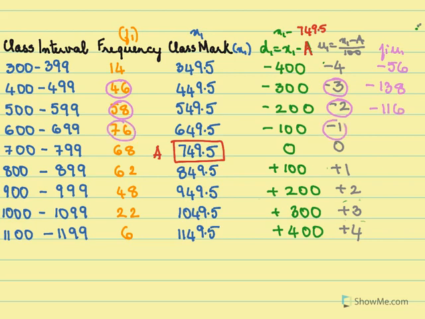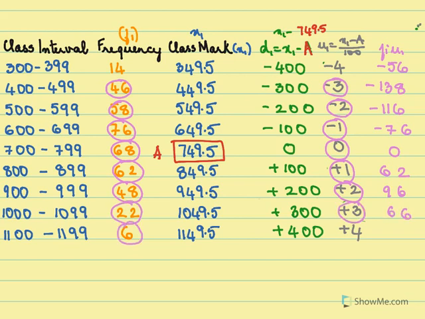Fi 76 into UI minus 1 is minus 76. 68 into UI 0 is 0. Fi 62 into UI plus 1 is 62. Fi 48 into UI plus 2 is 96. Fi 22 into UI 3 is 66. 6 into 4 is 24.